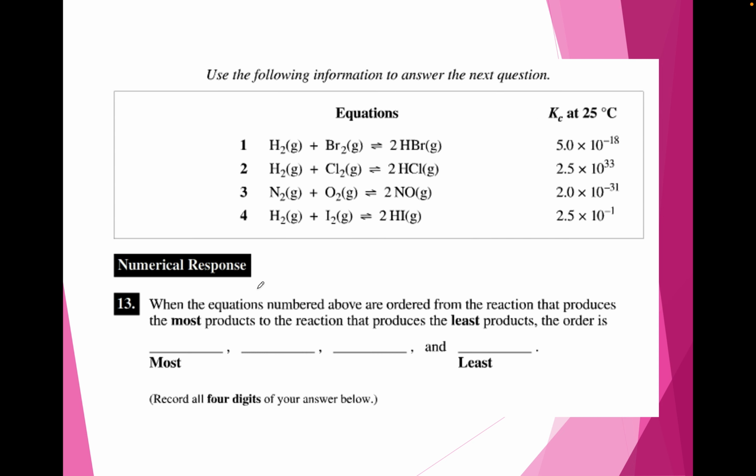The other part is understanding that Kc value. We talked about that already, but just to talk about it one more time, if Kc is greater than 1, products are favored. When you're comparing, the bigger the number is, the more products you have. Just like if Kc is less than 1, reactants are favored, and the smaller the value is, the more reactants you would have.